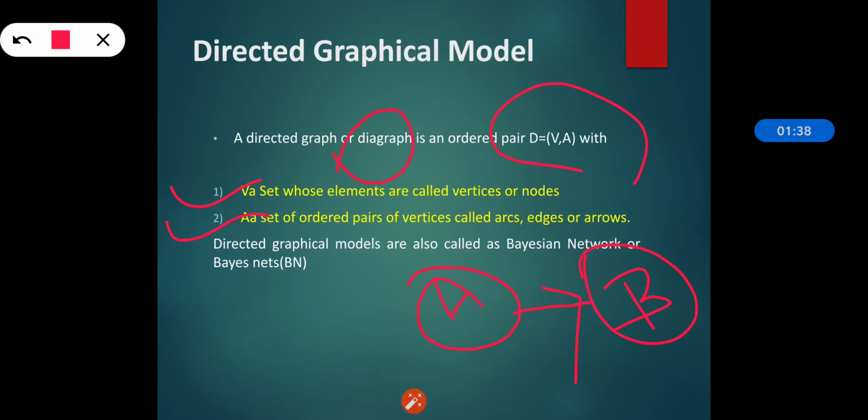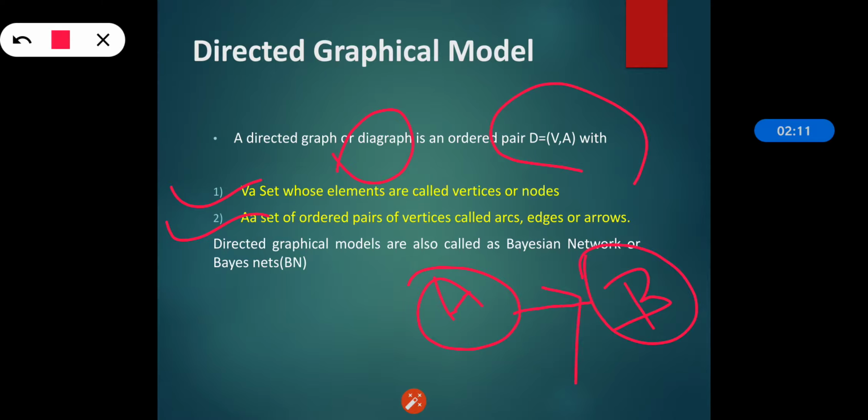The Bayesian network, which is also called the belief network, is a probabilistic graphical model because it has a probability distribution. It represents a set of random variables and their conditional dependencies via a directed acyclic graph. It means we can represent the probabilistic relationships between the various vertices.